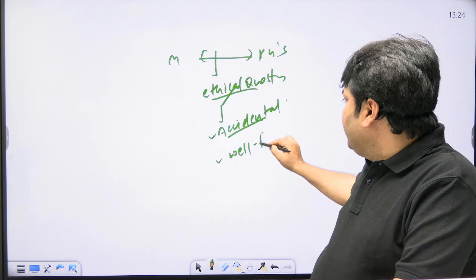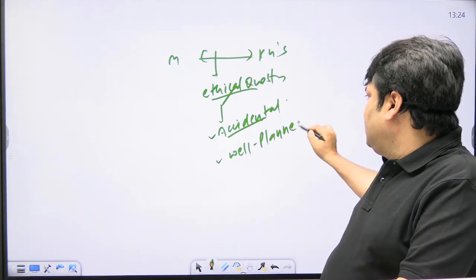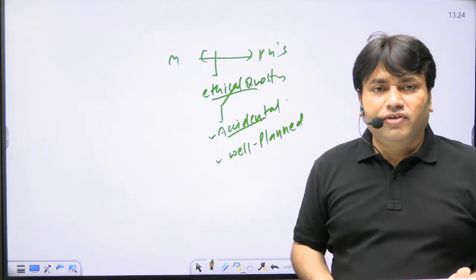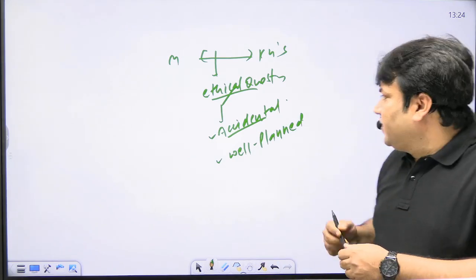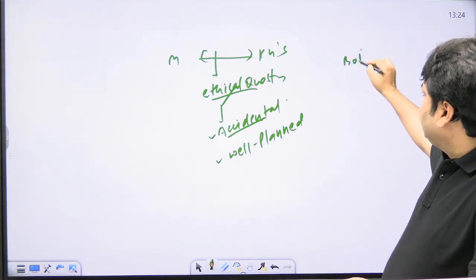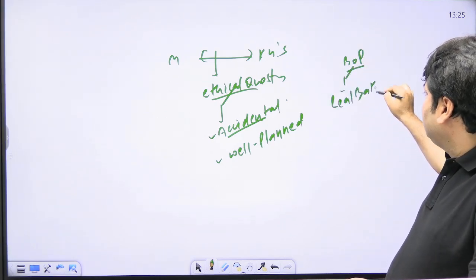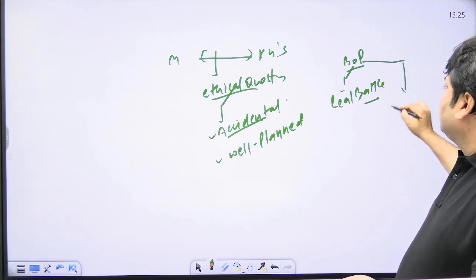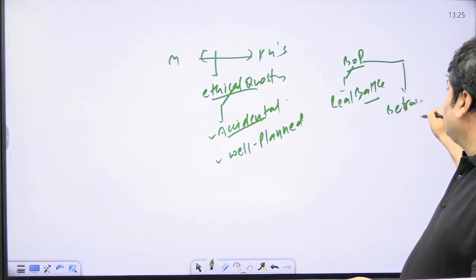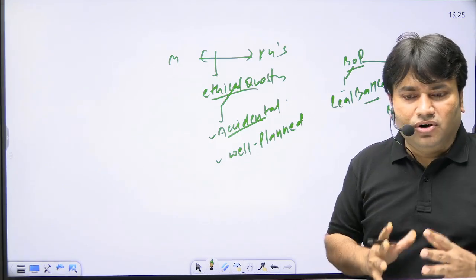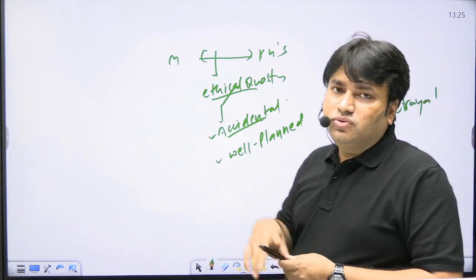This we need to understand. The first important victory of the East India Company in India, that is the Battle of Plassey, right? Was it a real battle or was it a betrayal? This is also one aspect or one idea that we need to understand.